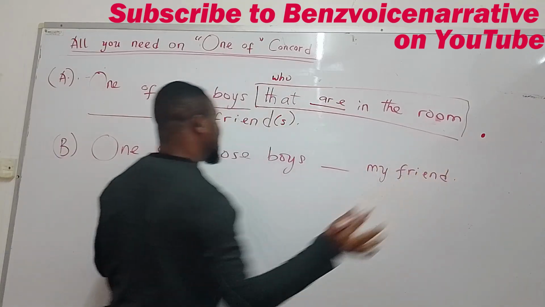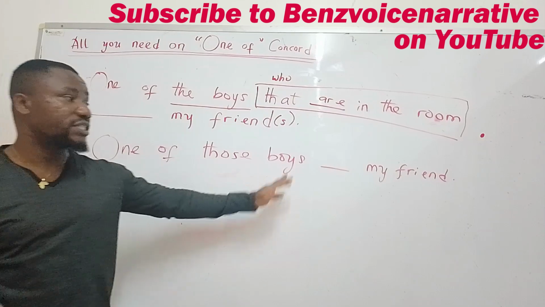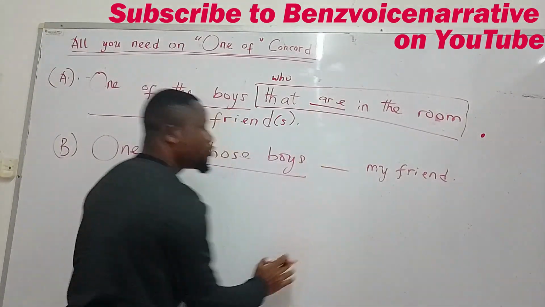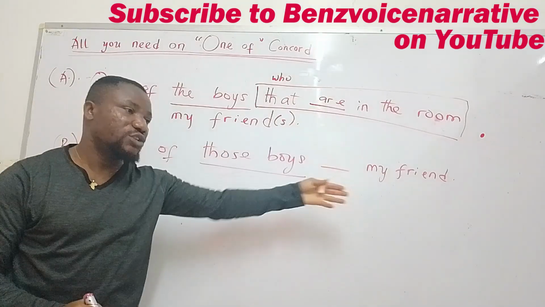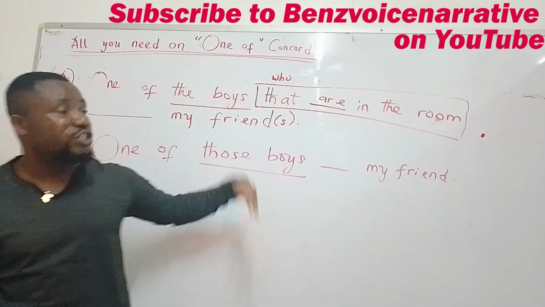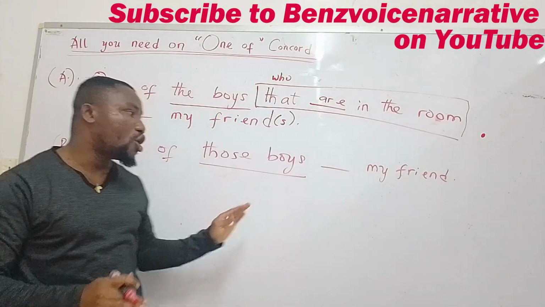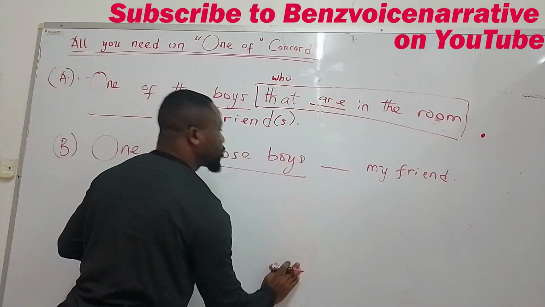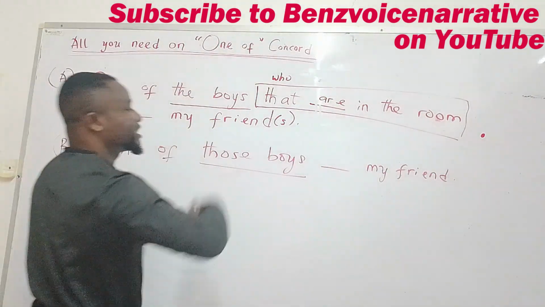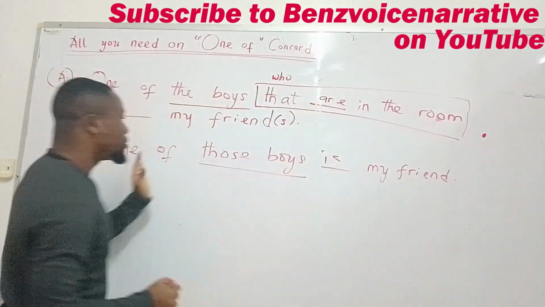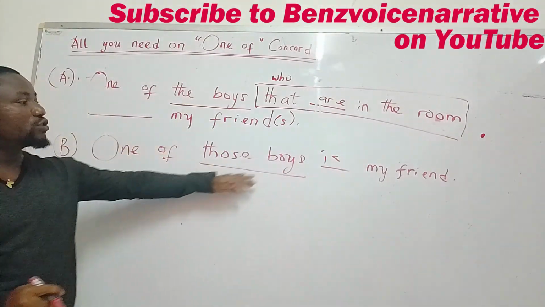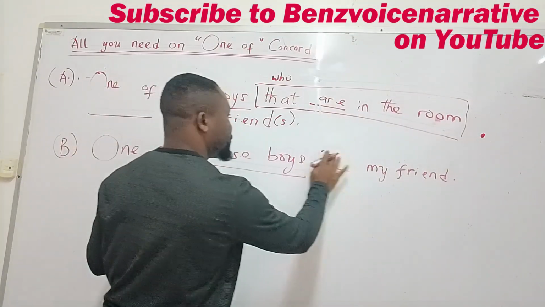The answer is actually very clear. Look at those boys. Do we have anything describing the boys here, like "who"? One of those boys who, one of those boys that. No, we don't have that structure here. If you don't have that descriptive structure, the answer is always singular. One of them is. One of those boys is my friend.